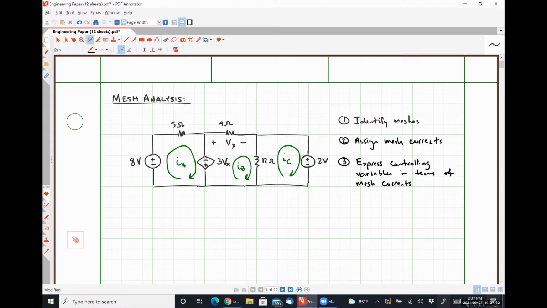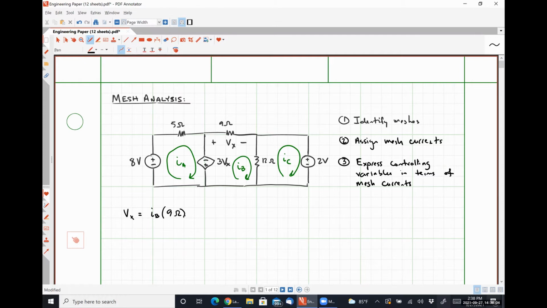V is equal to I times R. So the voltage drop across the 9 ohm resistor with the positive polarity terminal on the left should just be IB multiplied by 9 ohms. So in this case, I'm going to write Vx is equal to IB times 9 ohms.